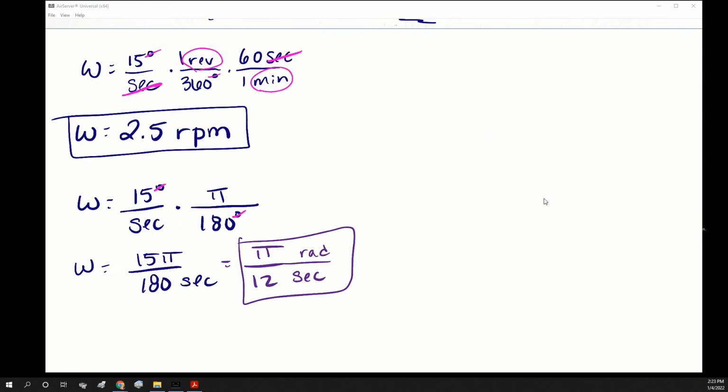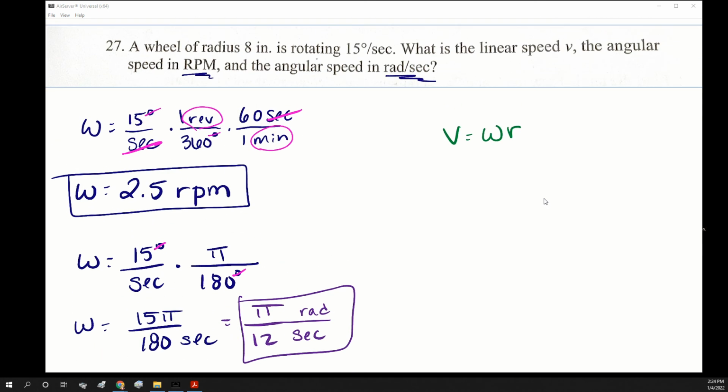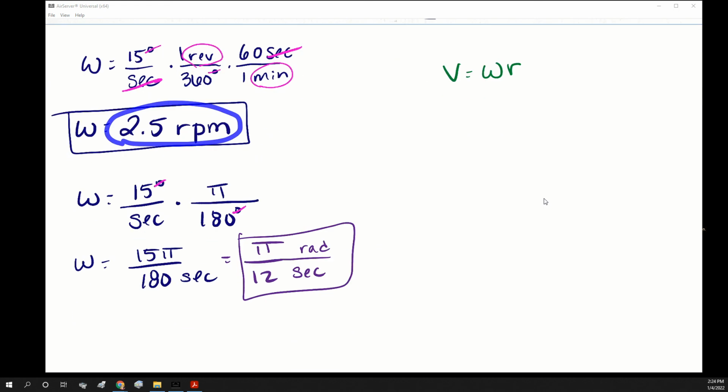All right, now let's go back and do the first thing, which is find the linear speed. So if we're looking for v, we are just going to multiply omega times r. So we have 3 different omegas. And they're all the same, just a different unit. So we have 15 degrees per second, we have 2.5 revolutions per minute, and then we have pi over 12 radians per second.